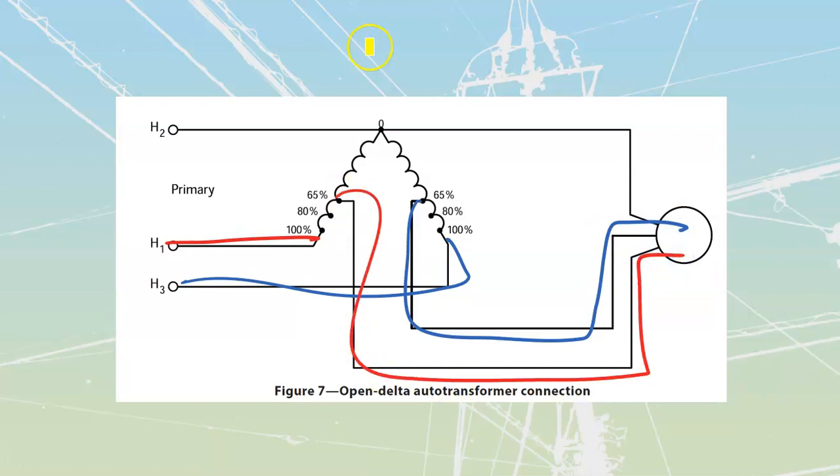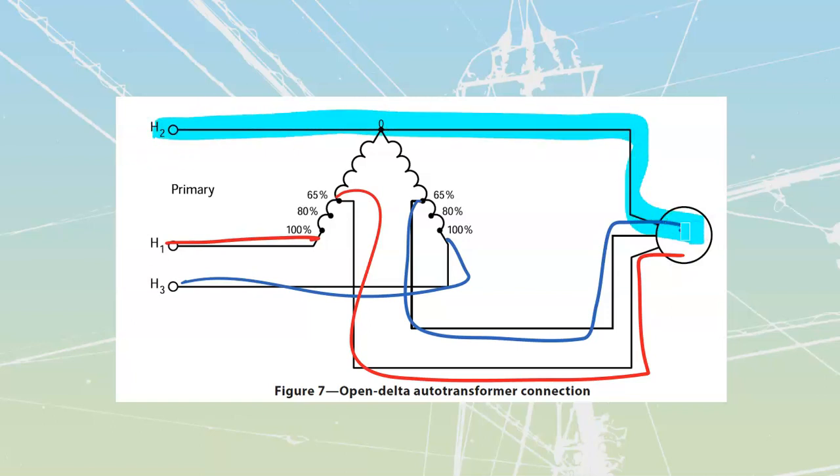The one thing I do want to note is that one of my lines is connected directly across over here. So one of these lines is always going to be floating a little bit above ground. If we're dealing with a delta, remember that a neutral does exist theoretically in the middle of any sort of triangle. So this line over here, the one that carries directly through, is always going to be floating a certain distance above that inherent neutral.